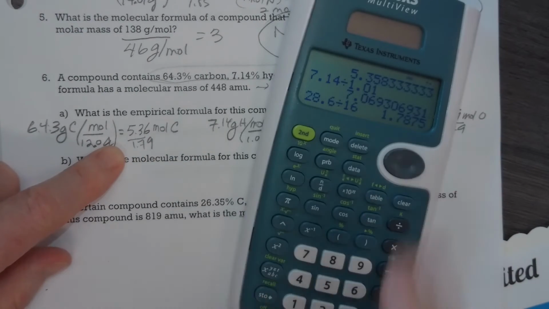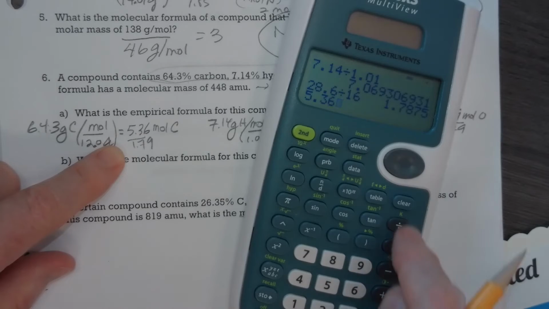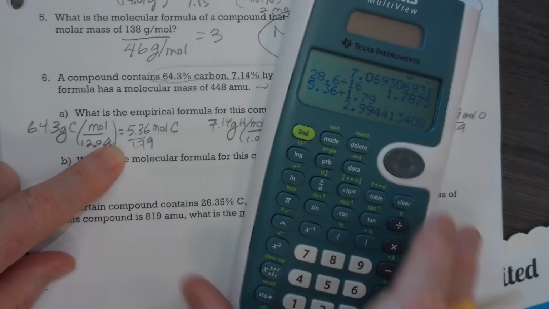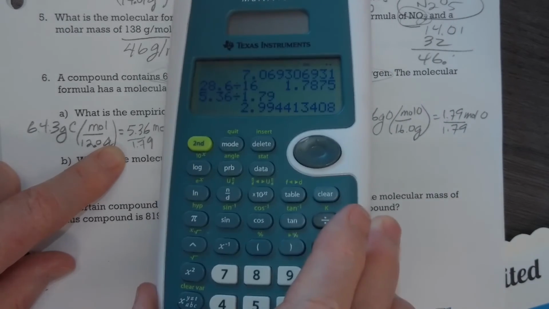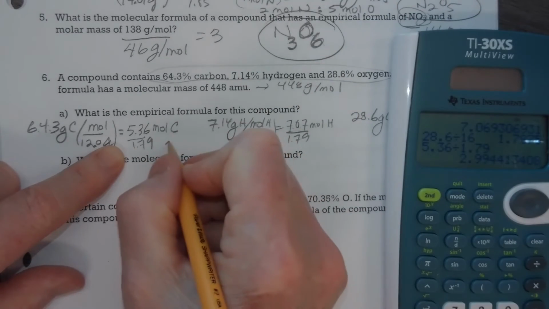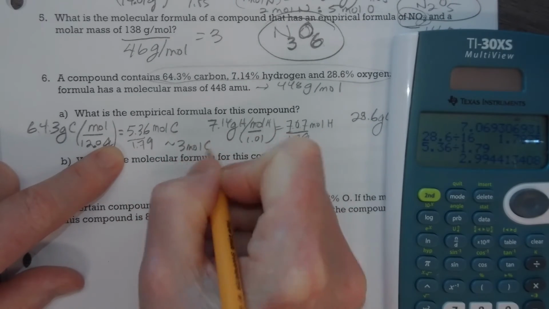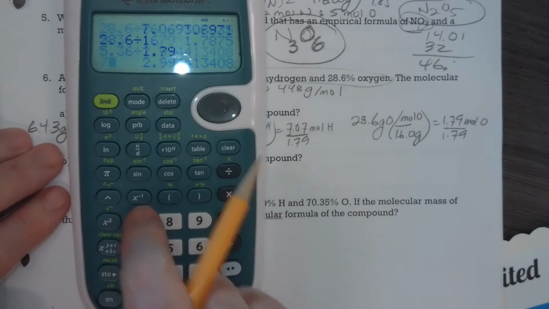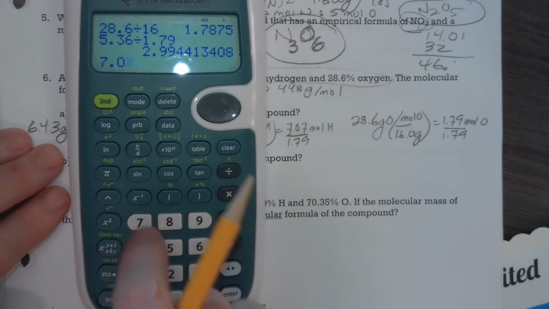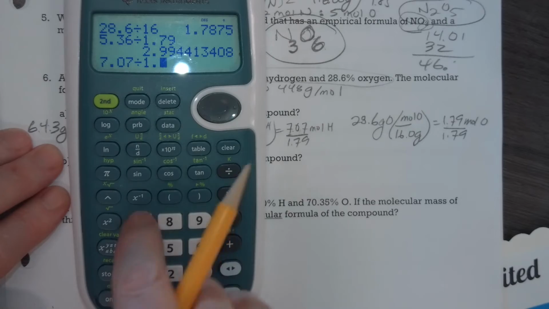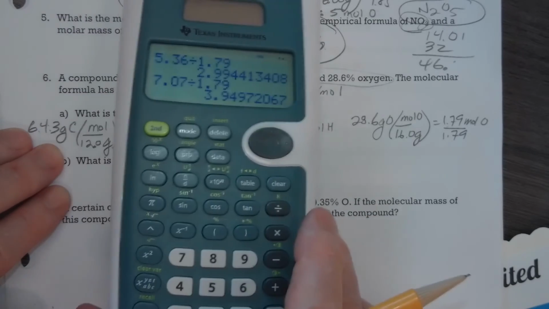5.36 divided by 1.79 is 2.994. That's approximately 3 moles of carbon. 7.07 divided by 1.79 is 3.94.